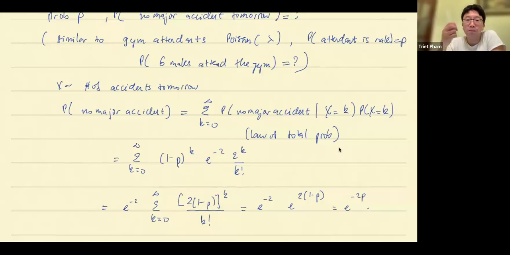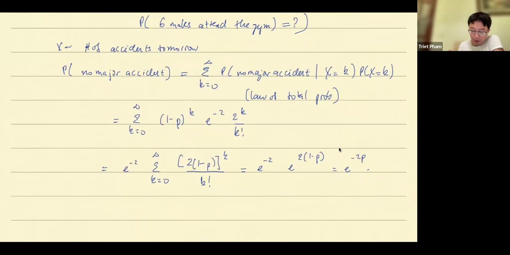Any question? All right, so that's the question. But here I want to make one further observation: this answer is the same as the probability that a Poisson with rate 2 times p is equal to 0.